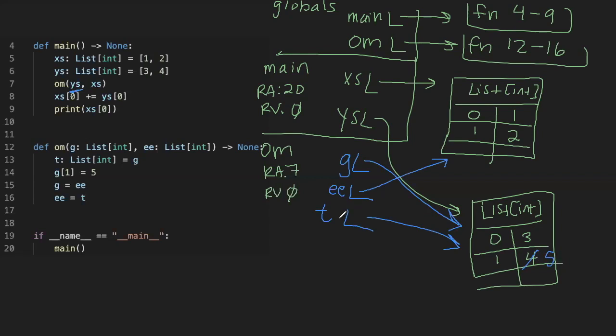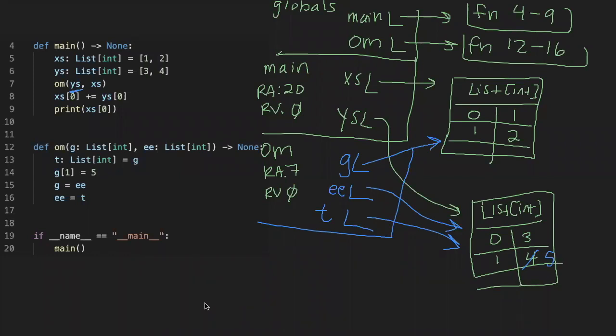All right, and then on line 15, we say update the G pointer to be pointing to the same place as EE. So to update that, move our arrow here. And then on line 16, we say update EE to be pointing to the same place as T. Okay, and then that is all for our function.